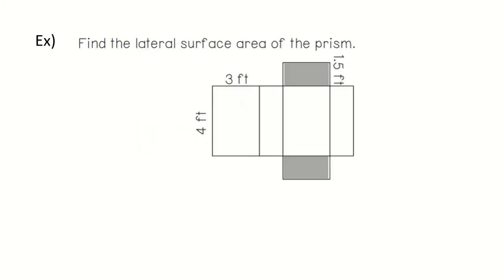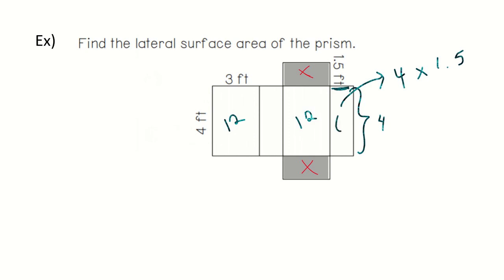Alrighty, one more. Find the lateral surface area of the prism. Again, they have crossed out and shaded, helped us out by letting us know which ones to cross out. We just need to find everything else. Let's do the easy ones first. 4 times 3 is 12. And here's its match. Okay, this length right here is a 4, and this is 1.5, so that's going to be 4 times 1.5, which gets us 6, and 6 for the match.